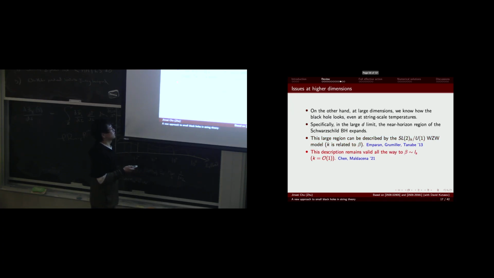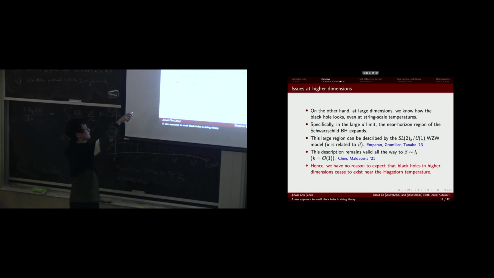The point is that this WZW model description remains valid all the way to string scale temperatures, which just corresponds to the level K of some order 1 value. And this is described in the paper by Chen and Maldacena. So we see that certainly there exists a black hole solution even near Hagedorn temperature at large d. But on the other hand, we found that Horowitz-Polchinski solutions do not exist at large d.